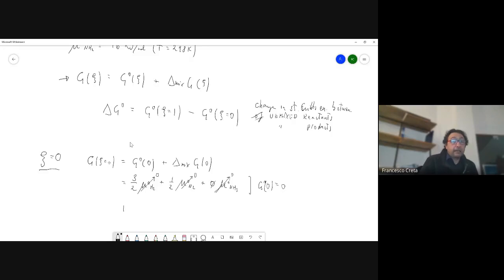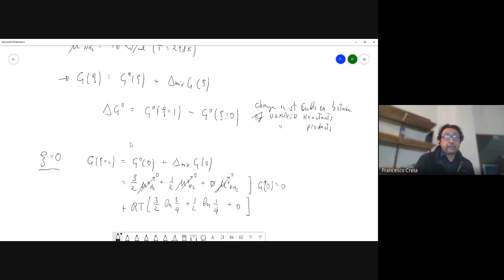And then we have to add the delta mix, which was RT times 3/2 logarithm of the mole fraction of hydrogen, which is 3 divided by 4. I'm calculating everything for psi equals 0. Plus 1/2, this is the number of moles, times the logarithm of the mole fraction, which is 1/4, plus 0.